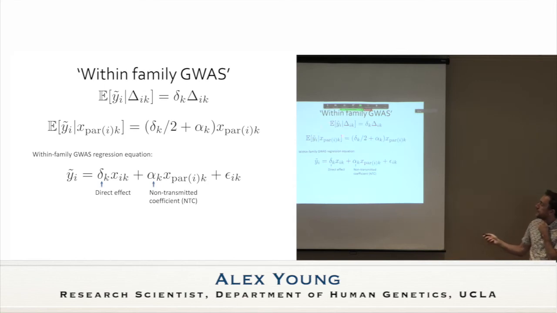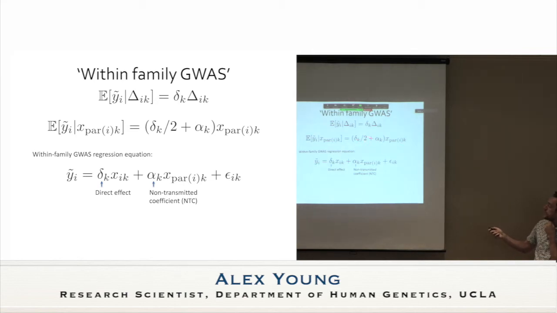Then we can basically combine the results of these two independent regressions to derive the within-family GWAS regression equation. The expectation of the phenotype given the segregation genotype is just the direct effect of that SNP times the segregation genotype. The expectation of the phenotype given the parental genotype is 1/2 of the direct effect plus the confounding effect times the parental genotype.